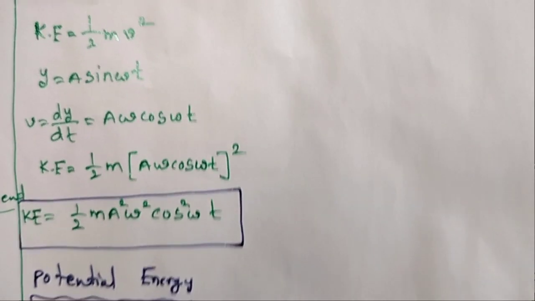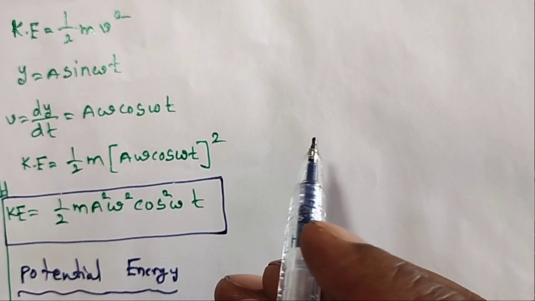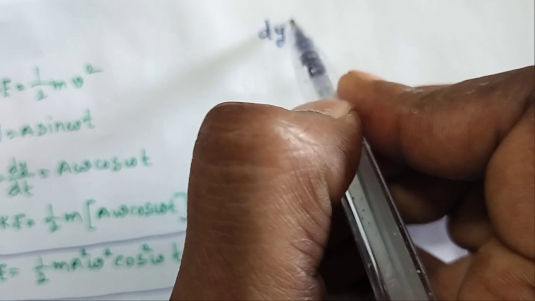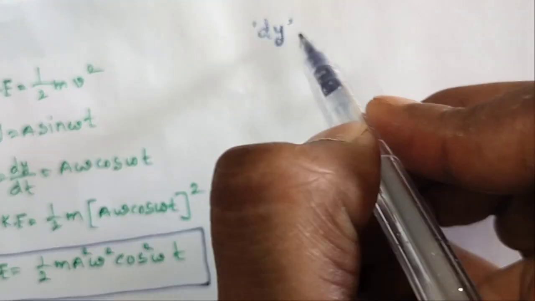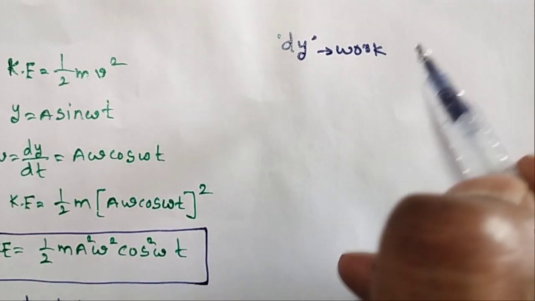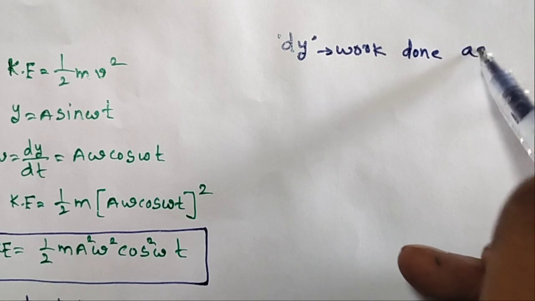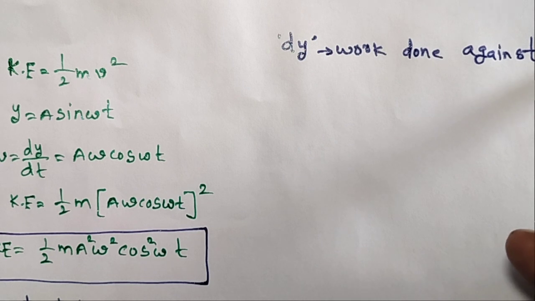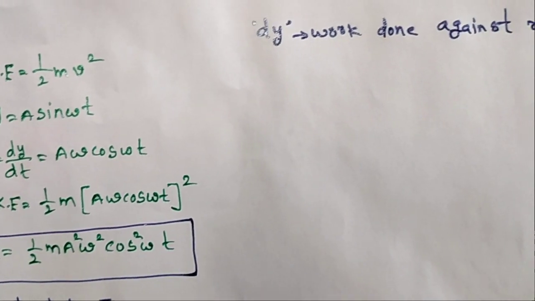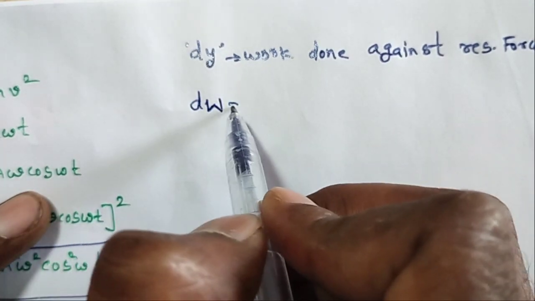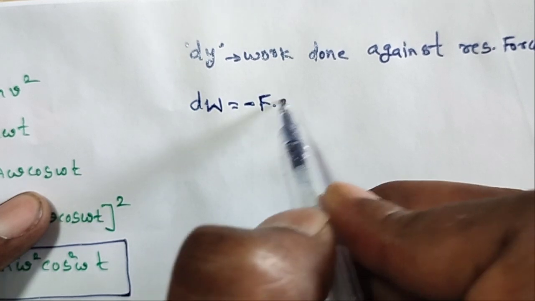I am taking the work done when the particle undergoes a very small displacement dy. The work done against the restoring force: dW is equal to minus F into dy.